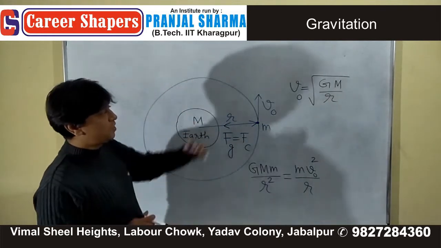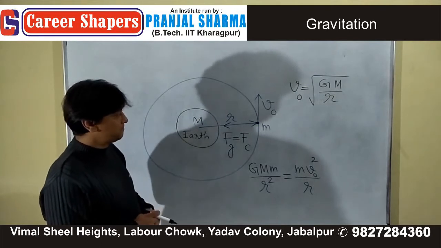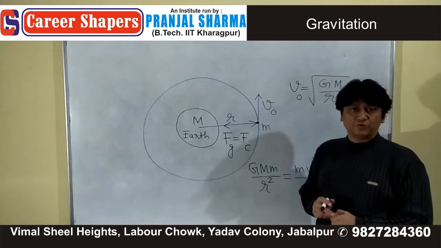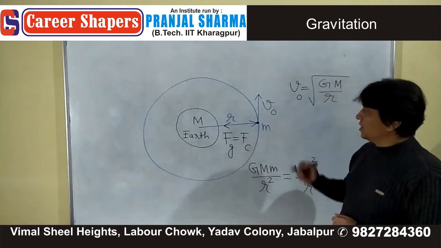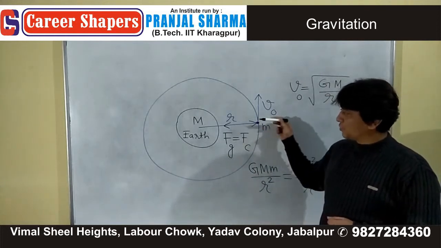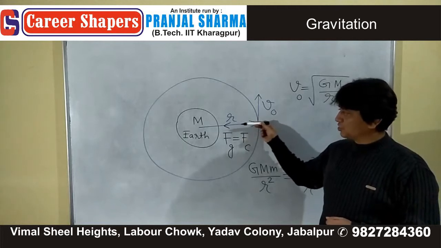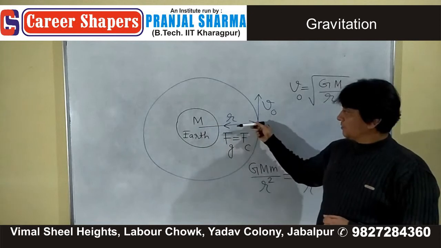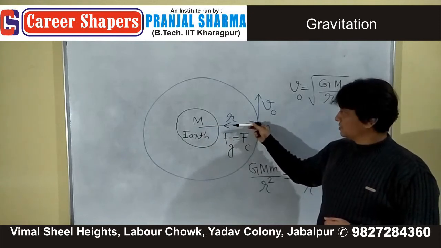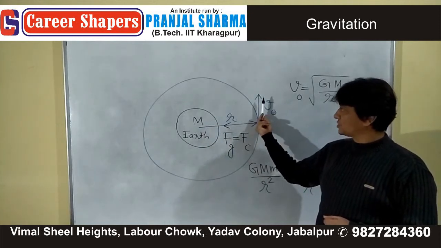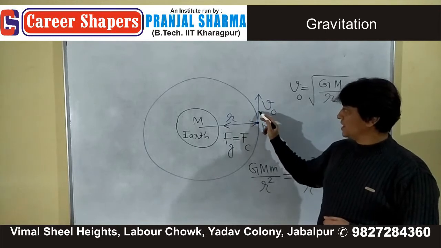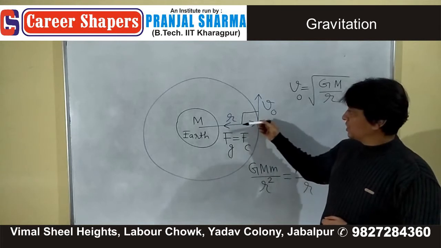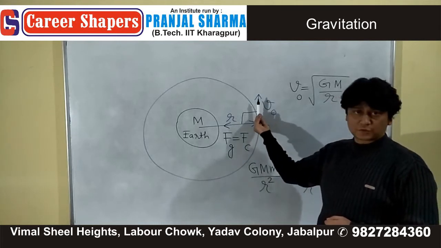Now, once you have found orbital velocity, you can see that it is a case of uniform circular motion. Why uniform circular motion? This force is acting towards the center. That means its direction with the velocity vector makes an angle of 90 degrees. If this is 90, there is no tangential force.